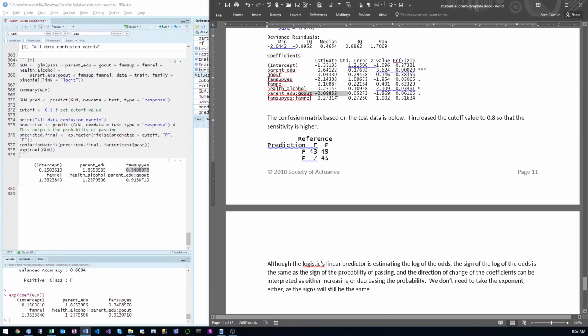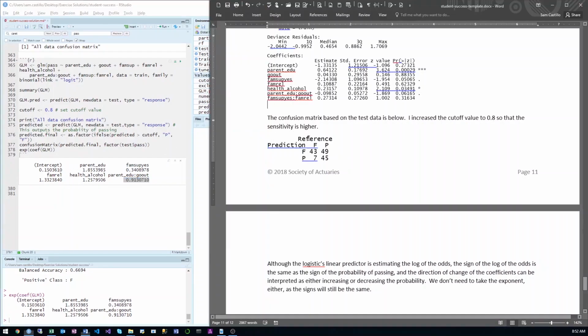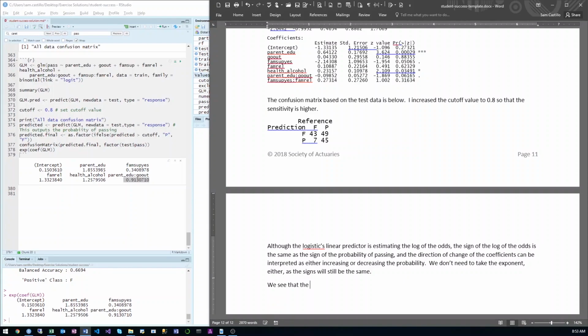This has a negative sign, and the relativity is less than 1, indicating that when you multiply all of these together, it would decrease the exponent of the linear predictor, whereas here it would just decrease the linear predictor. So you can interpret these coefficient signs without having to take the exponent. We see that the probability of passing is higher for parents with higher education.